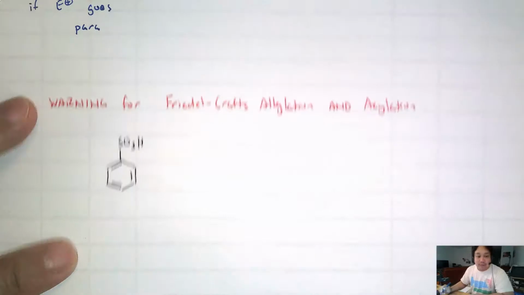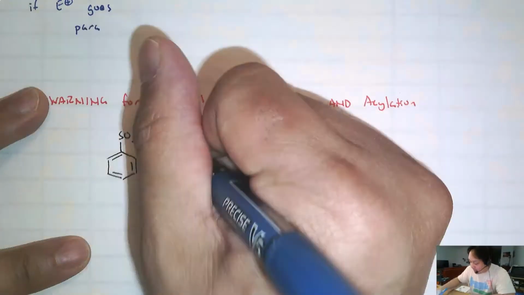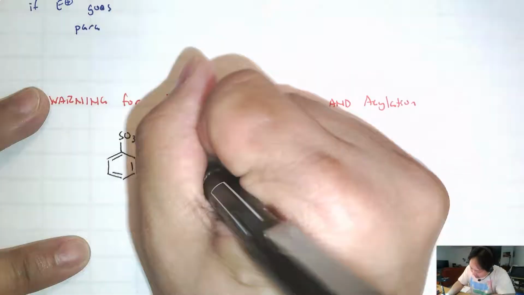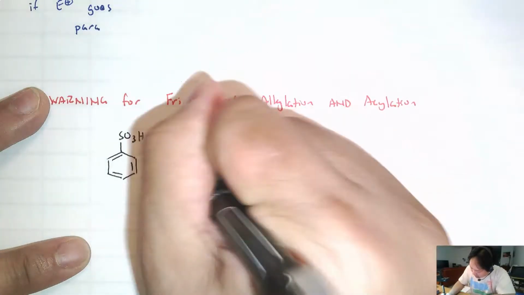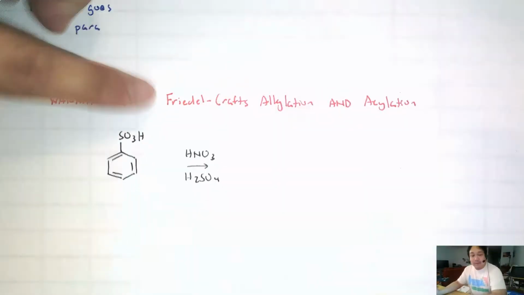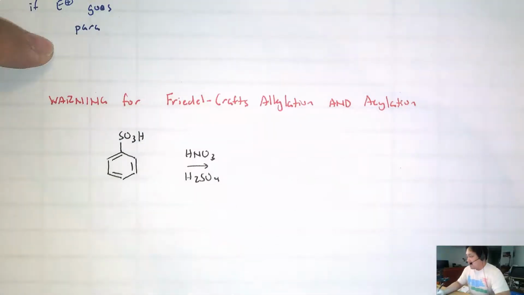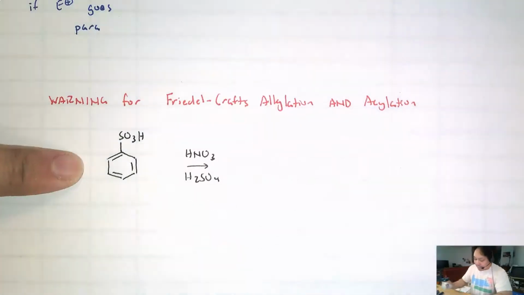And we try to do bromination. Let's pick another one. Let's do nitration. Okay, just follow the rules. We're not doing Friedel-Crafts, so this warning doesn't apply. Based on what you know about bad groups, this is a bad group. Okay.